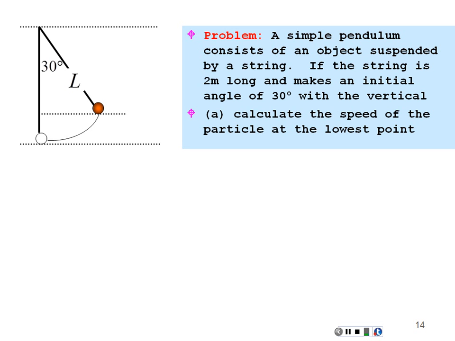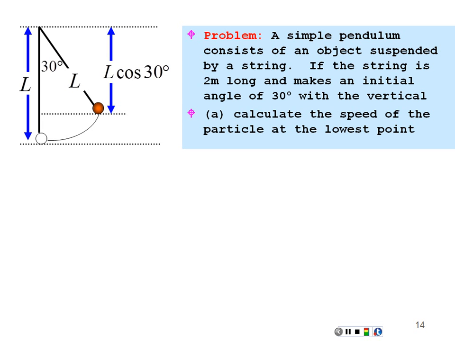Well, we need to find its height, and then its speed at the bottom should be equal to the square root of 2gh. Finding the height is going to be the hard part. Maybe not too hard. If I can say that my total length is L down to the bottom, then my length from the pivot point up here is equal to L cosine theta in this case, theta being 30 degrees from the vertical.